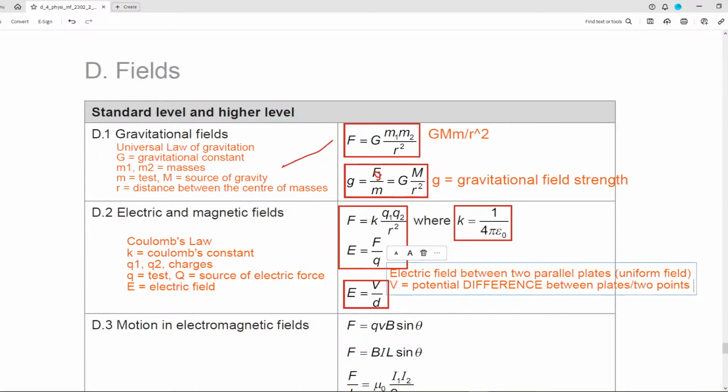So it can be between two plates, or between two points between the plates. And D is separation of the plates, distance between the plates, or two points, depending on what kind of question is being asked.